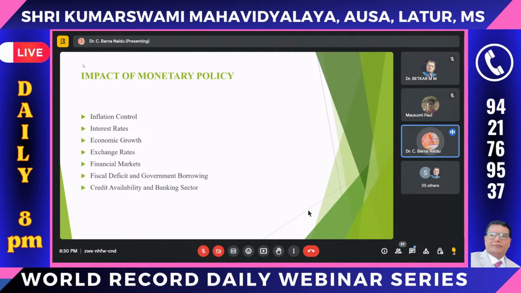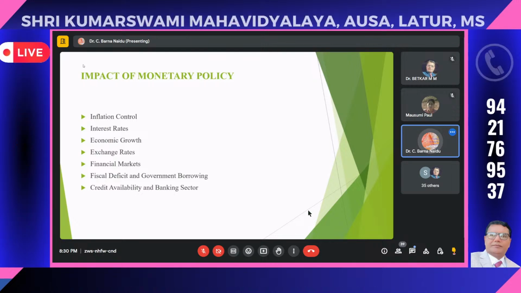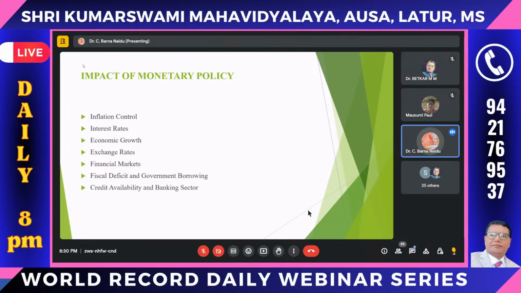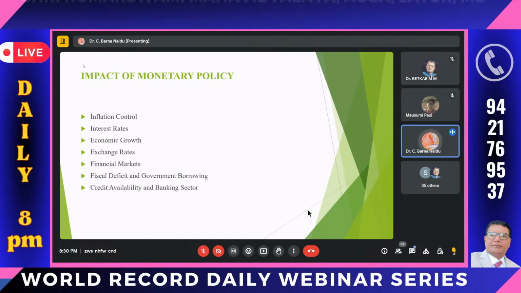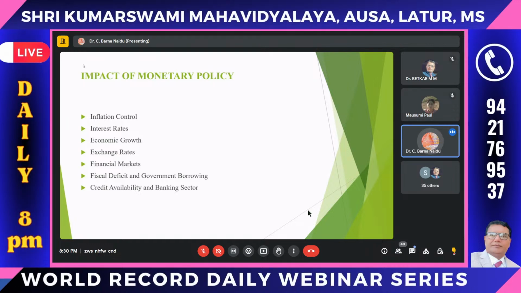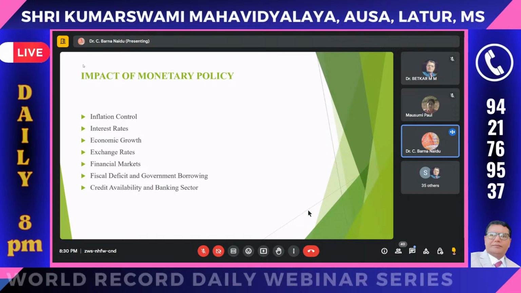When the standard of living increases and income increases, definitely demand increases. But simultaneously, the supply cannot be increased as easily as demand increases, so it takes some time. This gap is when the price increases. So we need to control this inflation, because if inflation is not controlled at the proper time, hyperinflation can lead to the collapse of the economy.